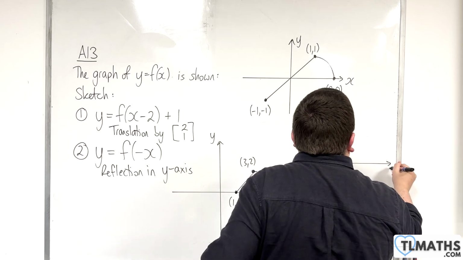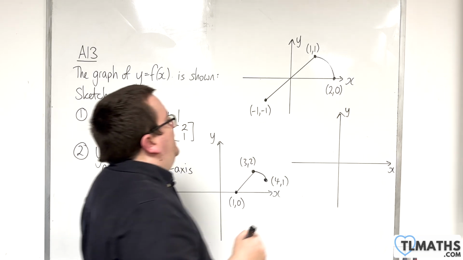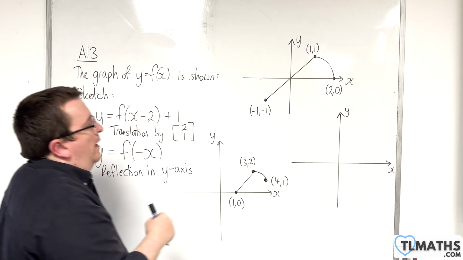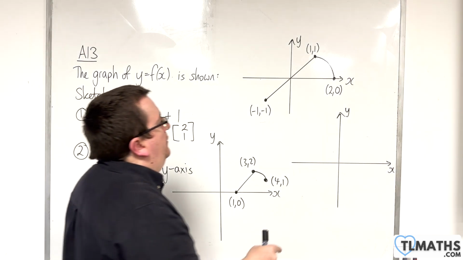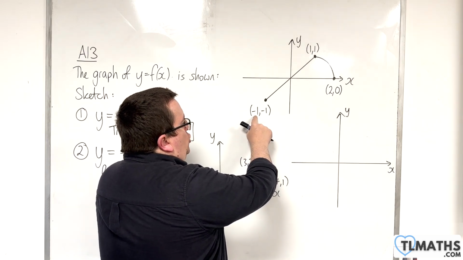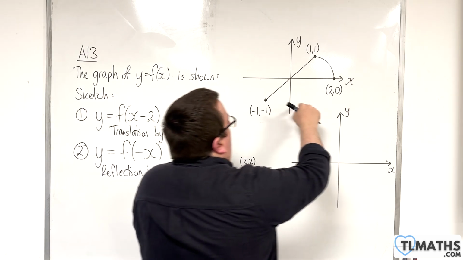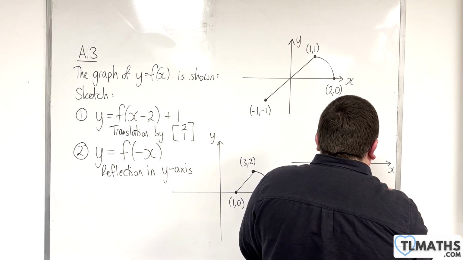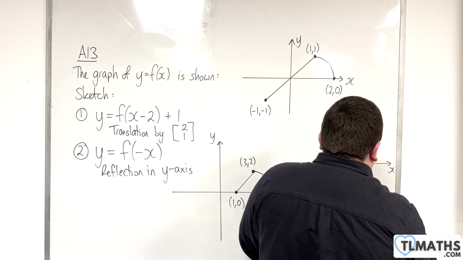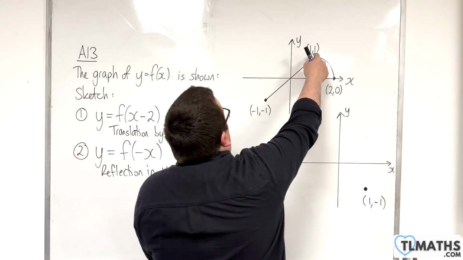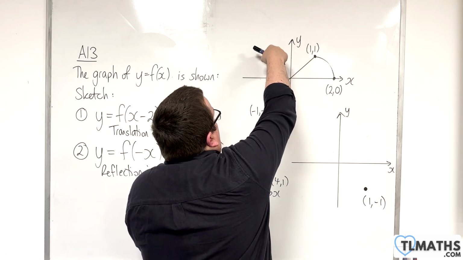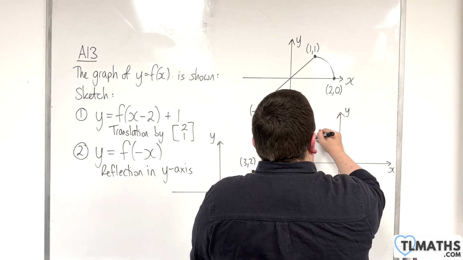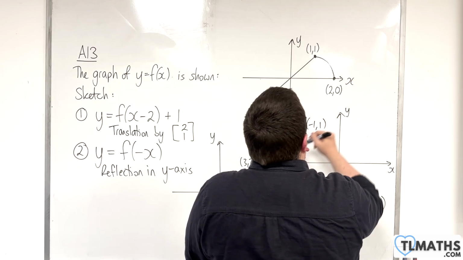Okay. So if we take each point in turn, just like we did before, -1, -1, if you reflect in the y-axis, will change the x-coordinate, and it will become 1, -1. So we'll have 1, -1 here. 1, 1 will reflect in the y-axis and become -1, 1. So -1, 1 will be somewhere here.